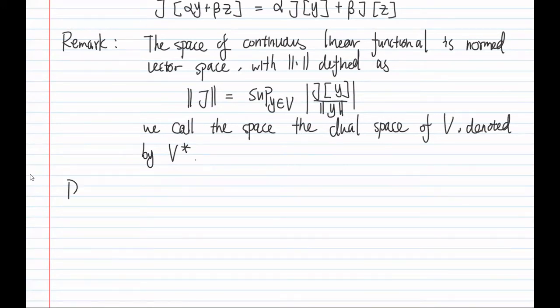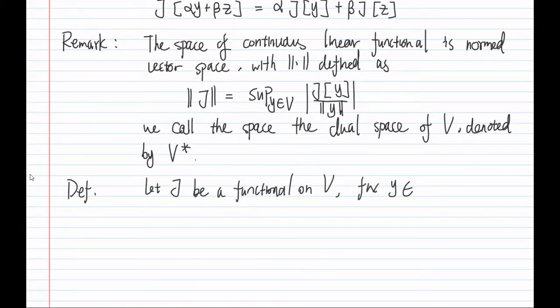So let's make the definition. Let J be a functional on V, and then fix y inside V. Let's define delta J of h to be J of y plus h minus J of y.